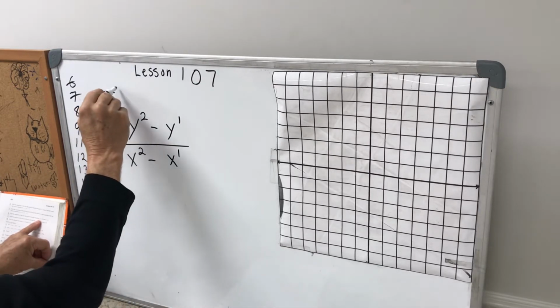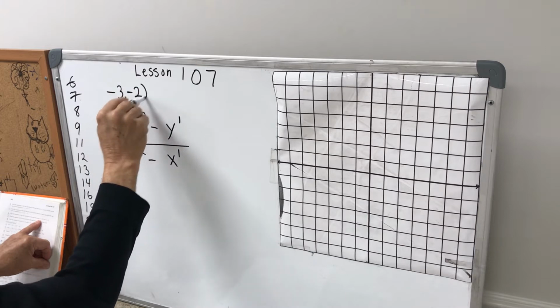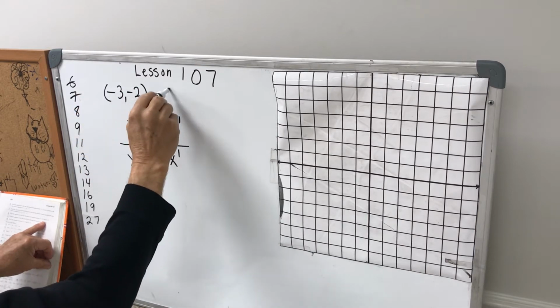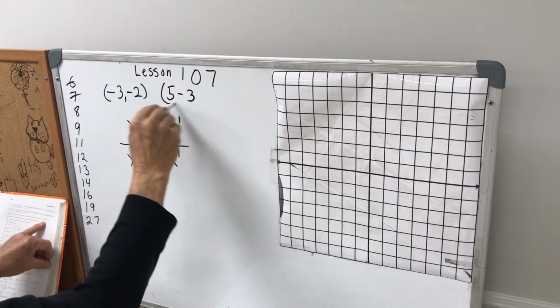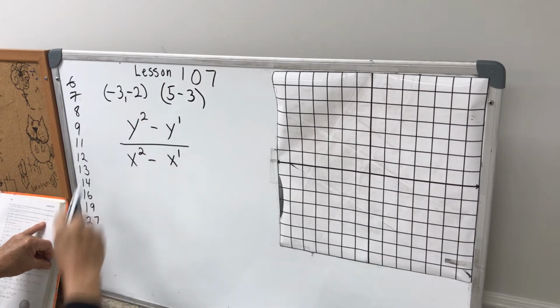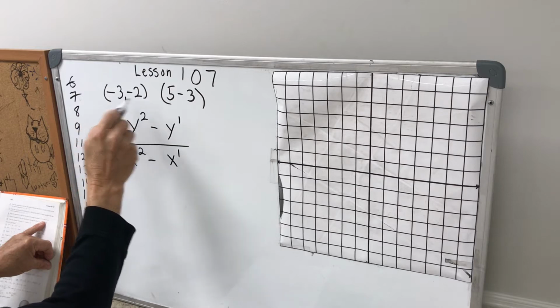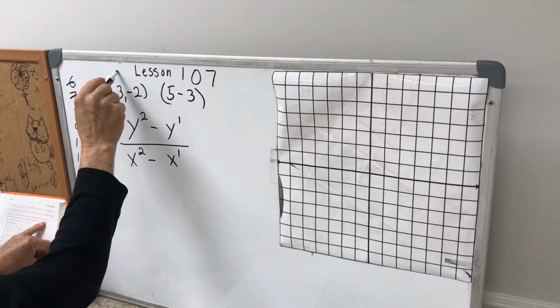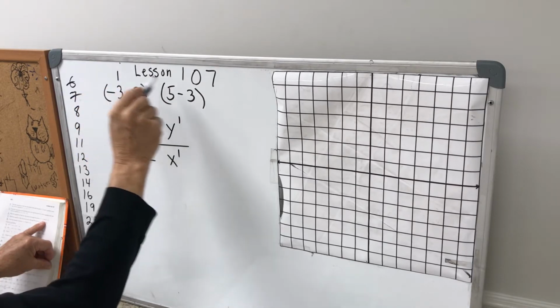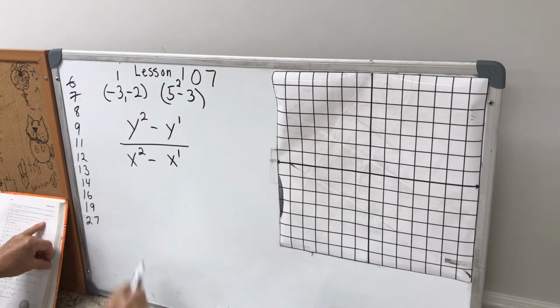So they're giving us a -3 and a -2 and a 5 and a -3. What does this mean out of these equations? Well, just for the sake of understanding, this is ordered pair 1 and this is ordered pair 2.